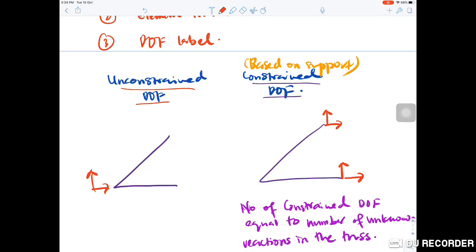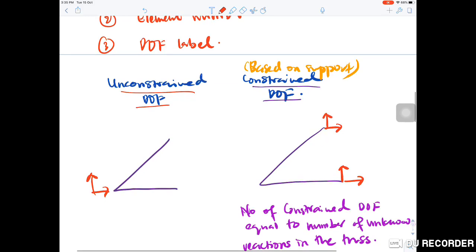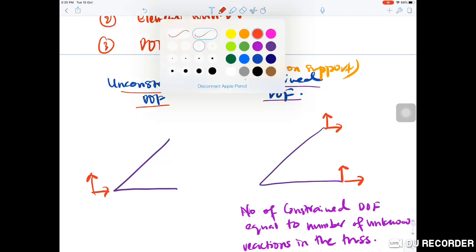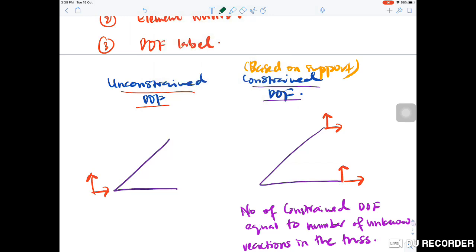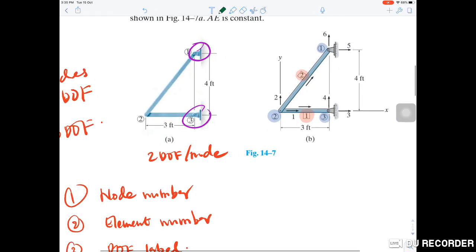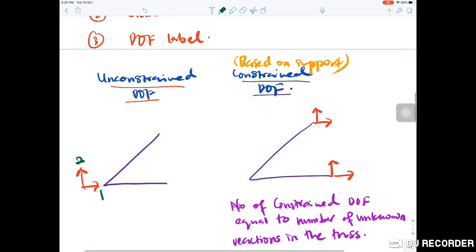For the labeling, we need to label starting from unconstrained. We label number 1, number 2. Okay, this is 3, this is 4, this is 5, this is 6. Actually, we can also label like this: 3, 4, 5, 6, it doesn't matter. It is just a matter of position.